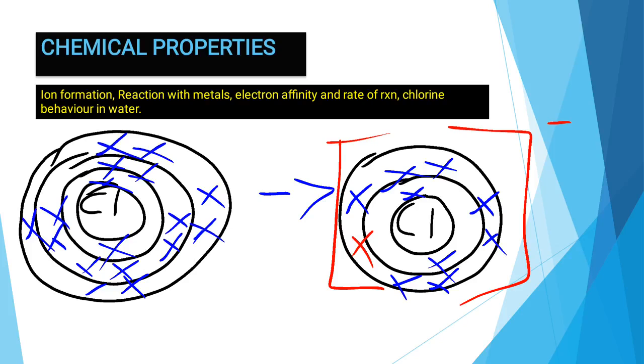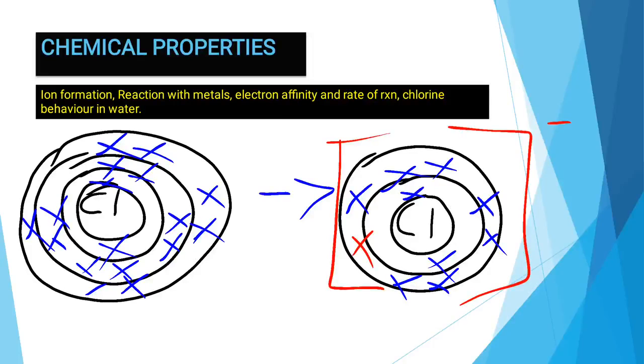That is to mean that the electron affinity of fluorine is greater than the electron affinity of chlorine, and so is for bromine and the other atoms in group 7 of the periodic table.